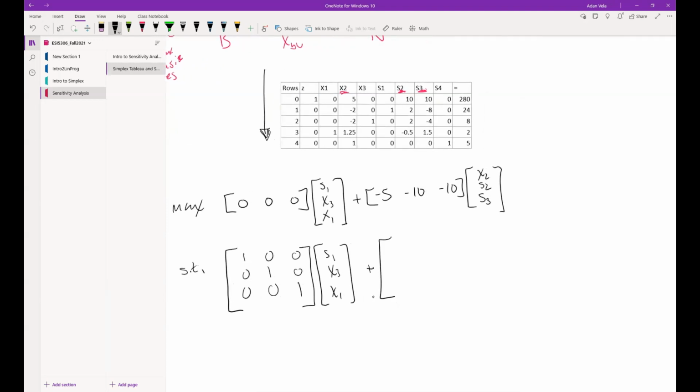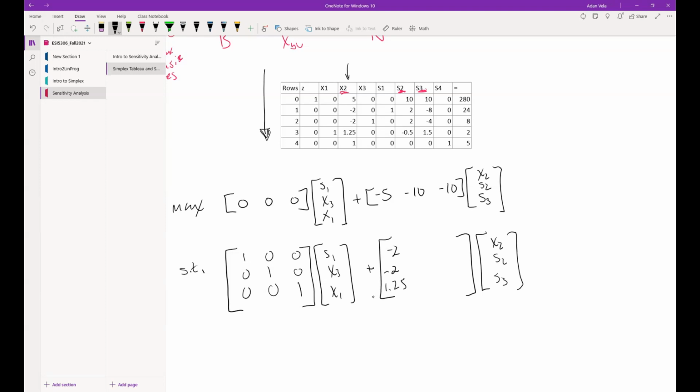Next, we have to pull out the constraint equations corresponding to our non-basic variables. So for x2, we should have -2, -2, 1.25.